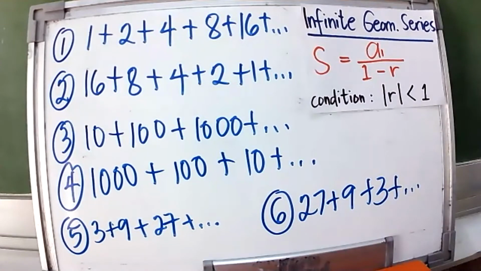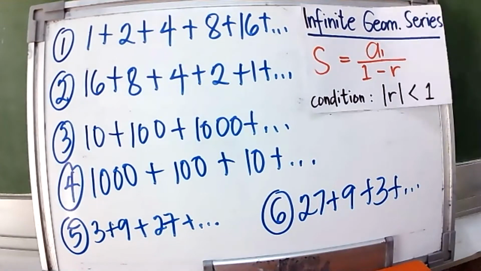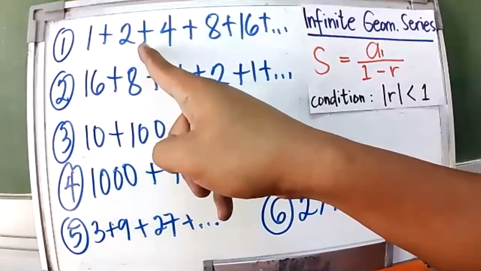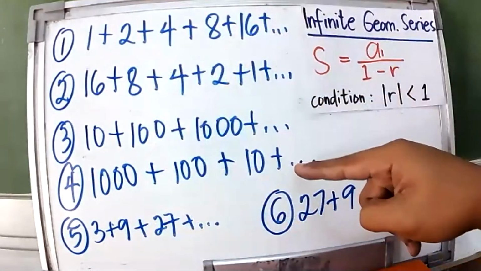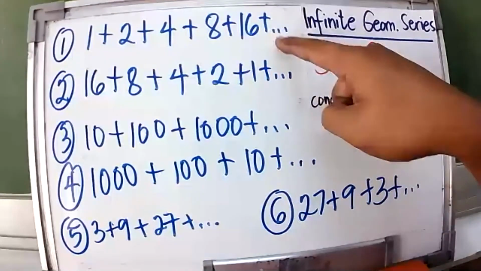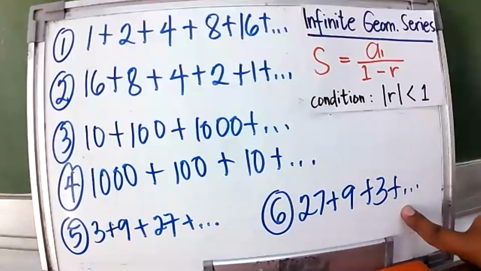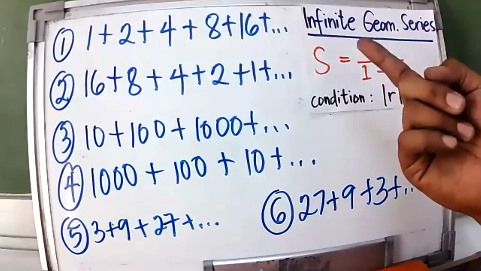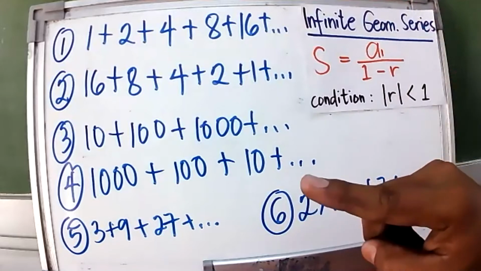I want you to analyze the problem. Listen carefully. Imagine these are all infinite numbers. Which of these numbers do you think has a sum and which doesn't have?